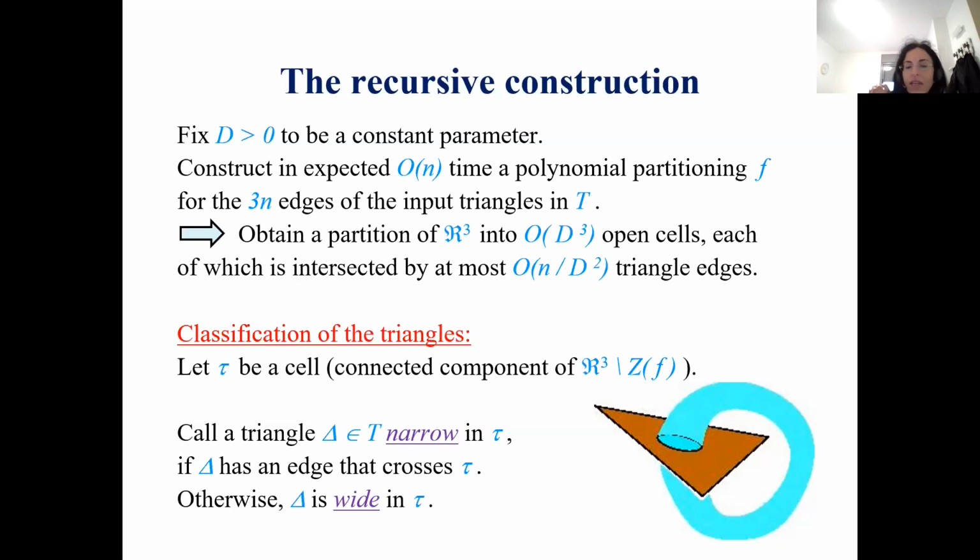So we are given a cell tau of the partition and a triangle delta. We call the triangle delta narrow in tau if delta has an edge that crosses tau. Otherwise, if it does not have such an edge, then we call delta wide. So this illustration is for the wide case. This triangle does not have any edge crossing the blue cell.